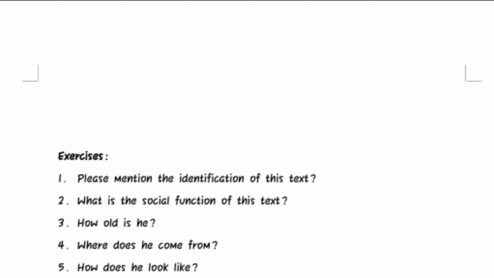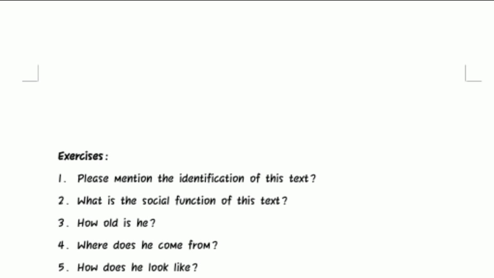Alright, here is the exercise. Number 1, please mention the identification of this text. It means you need to analyze the text, which one is the identification, like we learned before. The second one is, what is the social function of this text? I explained before what the social function of descriptive text is.